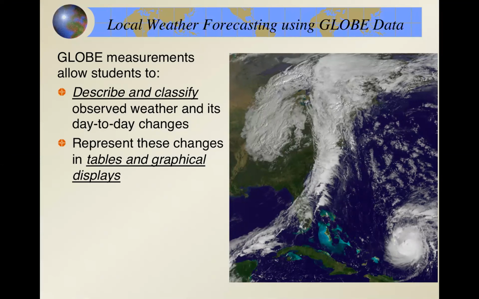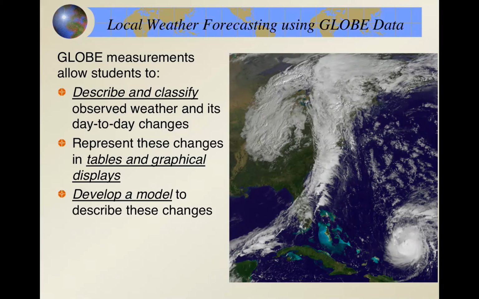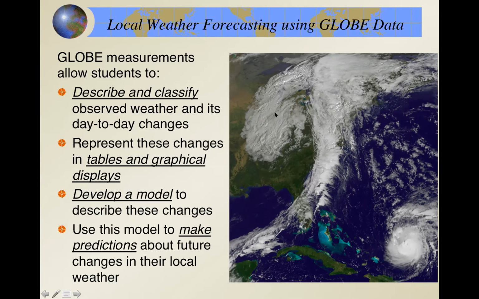You can produce tables and graphics to display these changes. You can start to develop models based upon the students' knowledge of the circulations and the weather that accompany these traveling cyclones. And you can then use these models to make predictions about future changes in the students' local weather and the weather of your area.